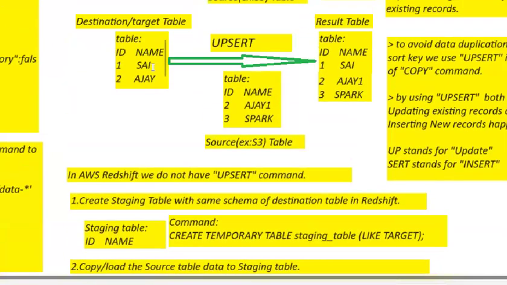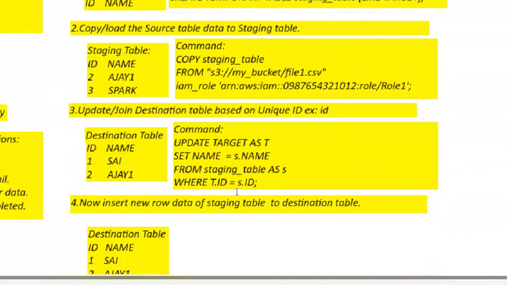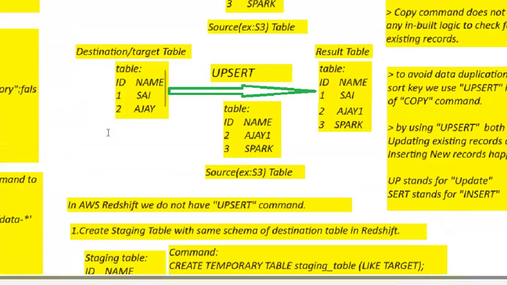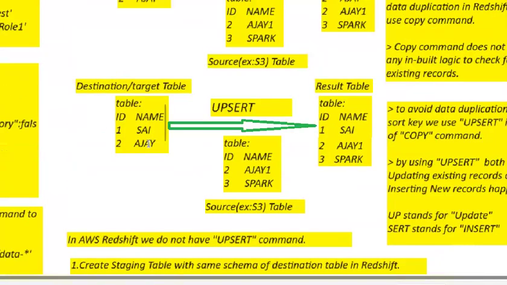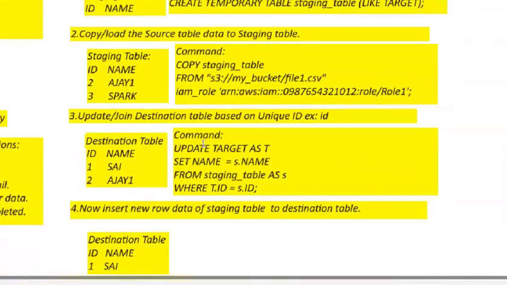So that target.ID is what? 2. Whereas coming to S.ID, what is S.ID? That is also 2. There you can see they both are matched. What is S? S is the staging table. In that, ID 2 is matched with the destination table ID 2. So there Ajay will be replaced. Previously we were having Ajay, and due to this command we set the name as what?